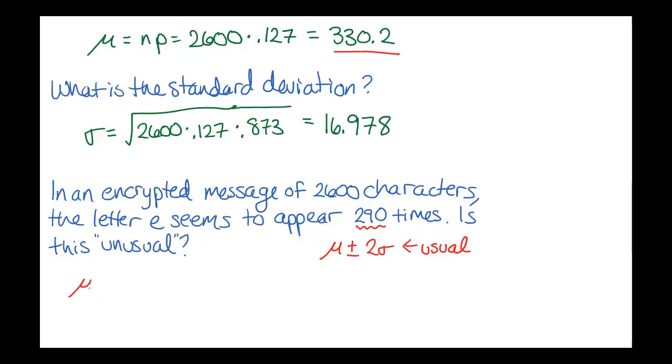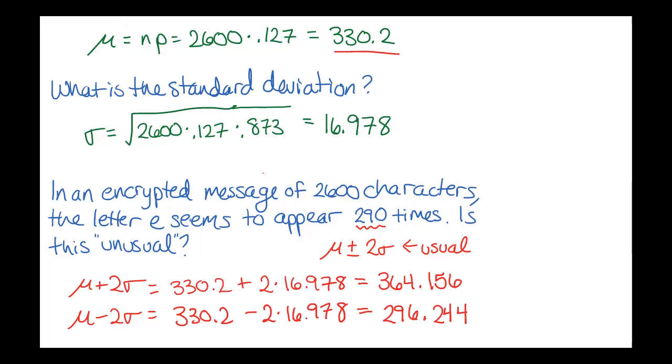If we look at the mean plus 2 times the standard deviation and the mean minus 2 times the standard deviation, we can get that range. So here we get a usual range between 296.244 and 364.156.